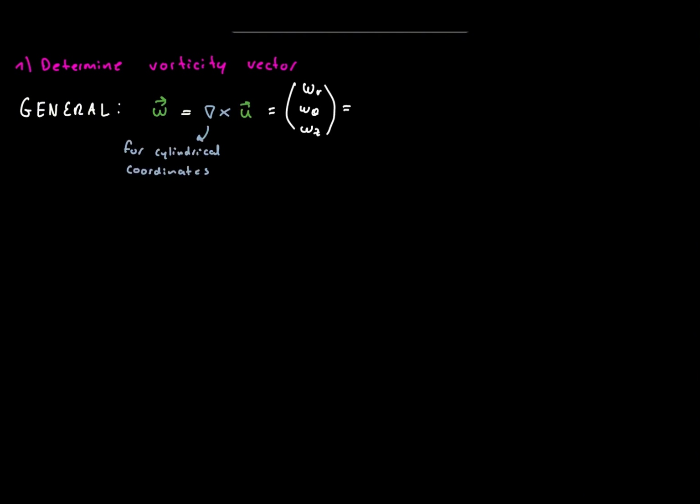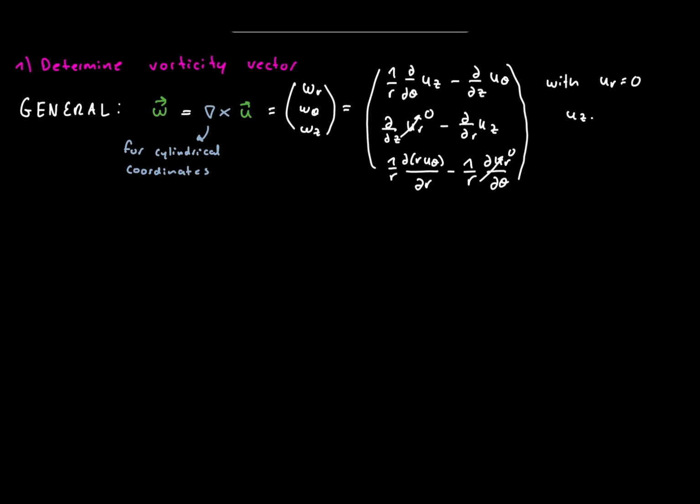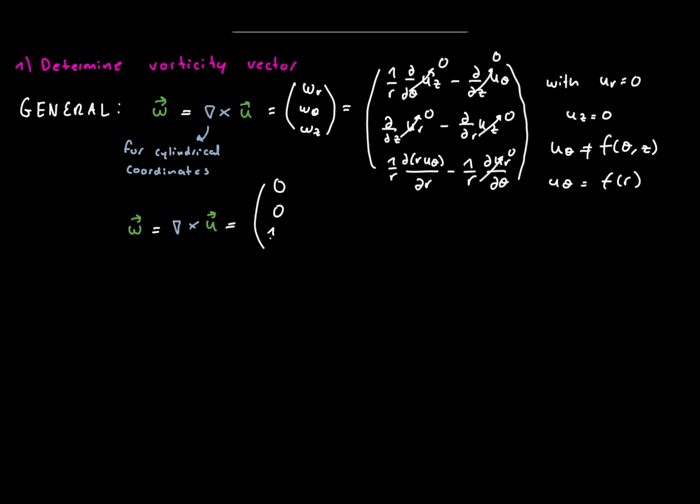For axisymmetric swirl flow with only a tangential velocity component that depends on r, the vorticity has only a z component. It can be written as omega z equals 1 over r times the derivative with respect to r of r times u theta.